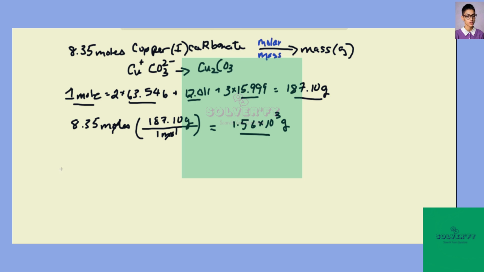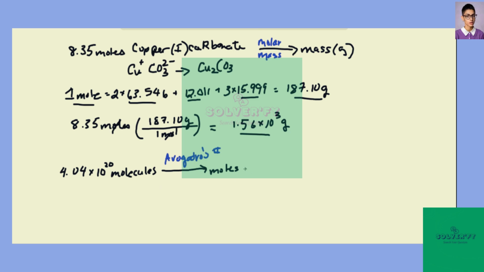Another example, we might be given molecules instead of moles. When we have molecules, the relationship that we use to change to moles is Avogadro's number, because that tells us that in every mole there are 6.02 times 10 to the 23rd molecules.